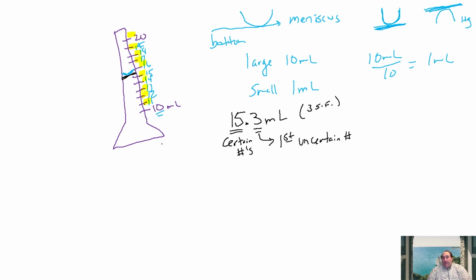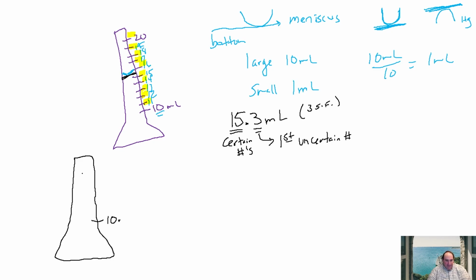Now, it's important to remember that even if you're using the same piece of equipment, say the same graduated cylinder, or two different graduated cylinders, the scaling on it may not always be the same. So, for example, if I draw once again a fairly challenged looking graduated cylinder, this is not looking so great.